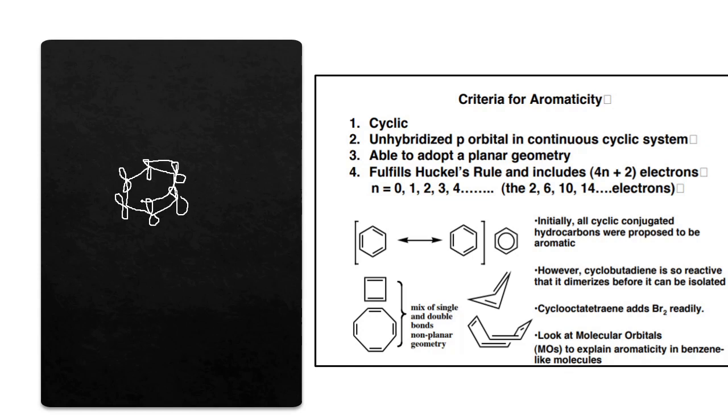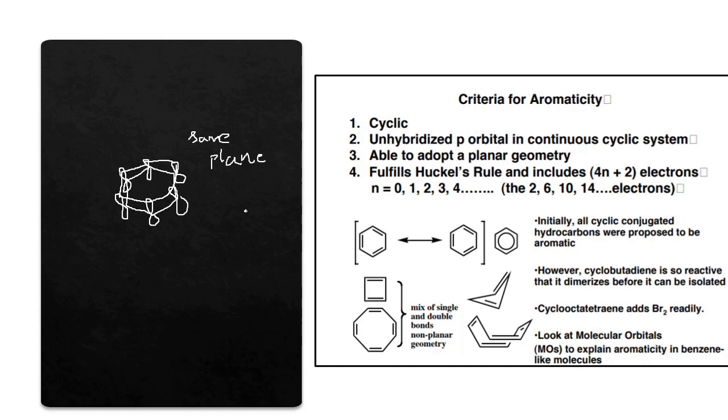So the cyclic system should be continuous, it should not be discontinuous, and the molecule should have a planar geometry, or it should adapt to become planar. Therefore, all the lobes of the p orbitals lie in the same plane. This is one of the important criteria for a molecule to be aromatic.